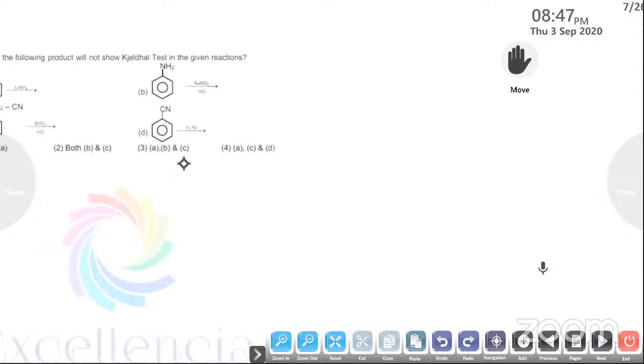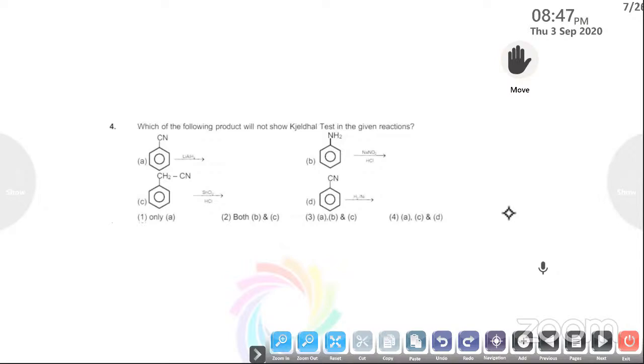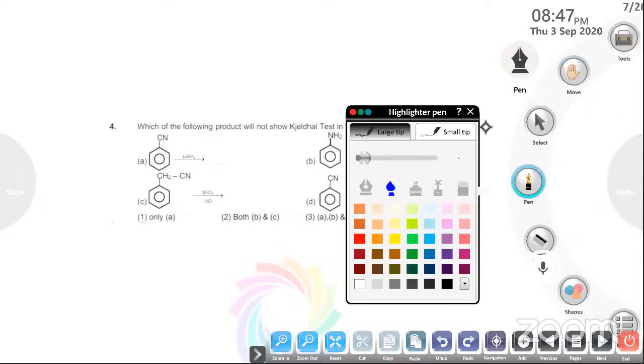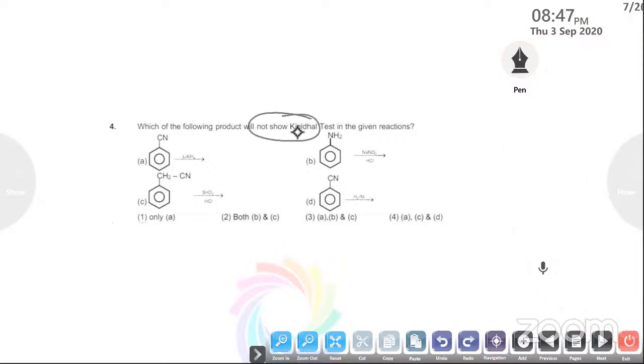It is about Lassaigne's method. Which of the following will not show Lassaigne's test? This is a common question. In every exam they are asking about this Lassaigne's test. So he is asking which of the following products. He gave some reactions. In the reactions you have to write the products. In those products you have to check whether they give Lassaigne's test or not.